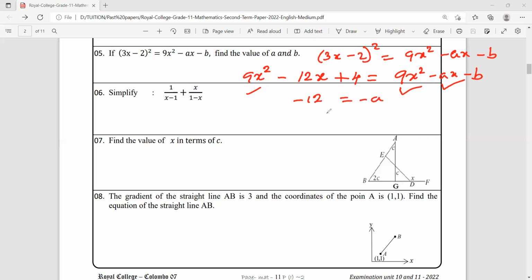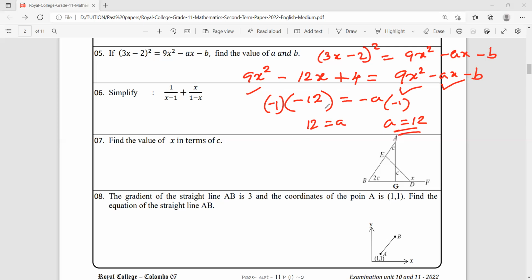Then you can see and you can prove that 12 minus 12 is equal to minus a, and you can multiply both sides by minus 1, then you get plus 12 is equal to a, and you can say a is equal to 12.